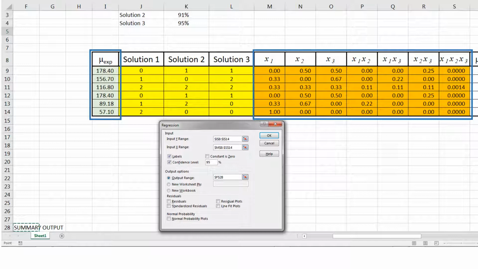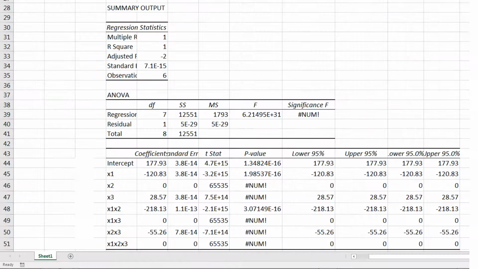It makes the results page a little easier to understand if you include labels. Also set the confidence level to 95%, and then select an output range and a position on your spreadsheet so that it doesn't overwrite data that's important to you. We click OK, and our summary output looks like this.